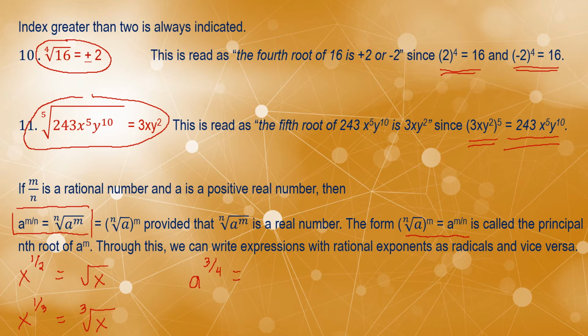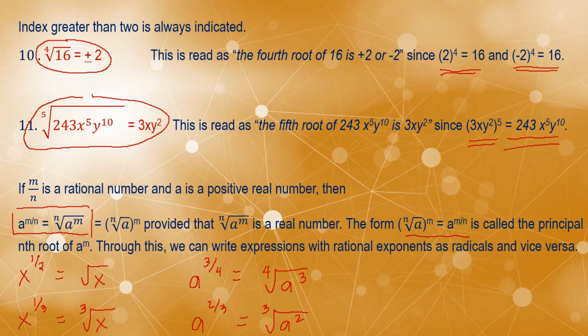In radical form, that is the fourth root of a raised to the third power. Another one, let's say we have a raised to 2/3. In radical form, that is the cube root of a raised to the second power.